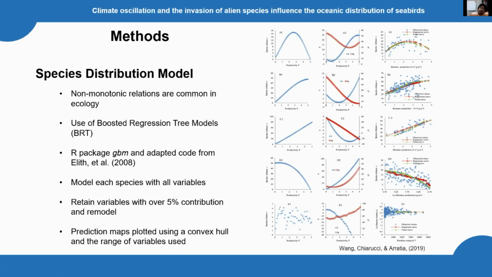After this first model, we took out the variables that had less than 5% contribution in the model, the less important ones, and then we remodeled again. After having the result, we plotted it on a map in order to find out what the distribution of the seabirds would be in this area.